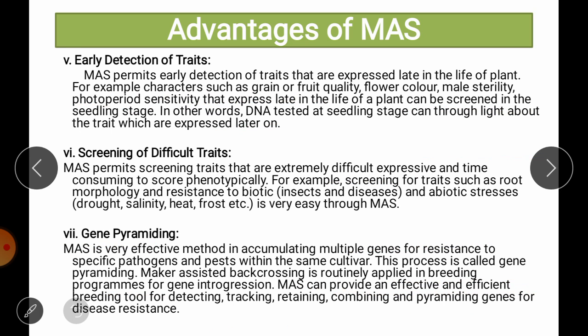The next one, early detection of traits. In this method we do not have to wait for development of grain, fruit, flower color, etc. At a seedling stage, it is possible to isolate DNA and observe the expression. So early detection of a trait is possible with this method.